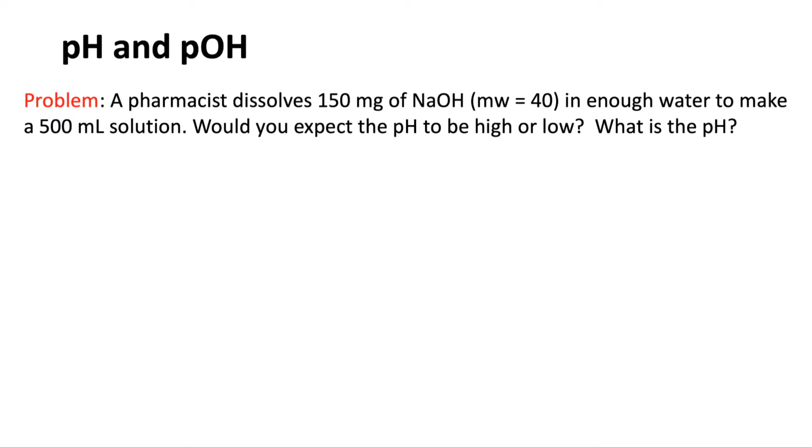What would you expect the pH to be, high or low? To make that decision, we're going to need to actually calculate the pH. Realize that 7 is generally considered a neutral pH, so any pH lower than 7 would be considered acidic, and any pH higher than 7 would be considered basic. So in this example, what is our final resulting pH, and is it acidic or basic?